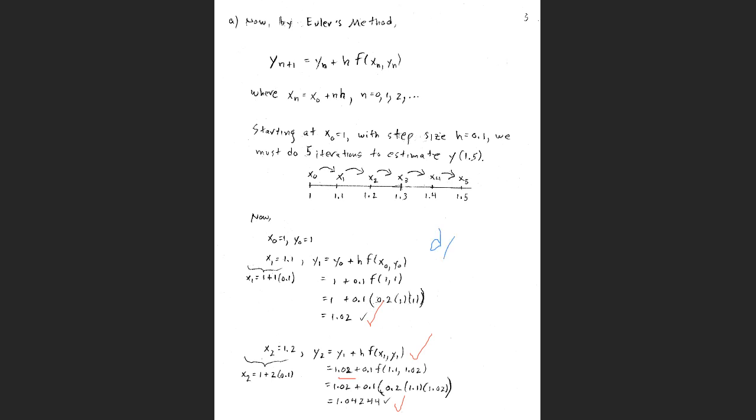Good question. dy/dx was equal to 0.2 times x times y. So this on the right, you literally just plug in the values. Oh, okay, sorry. No problem. Good question. Okay, so only 3 more iterations to go.